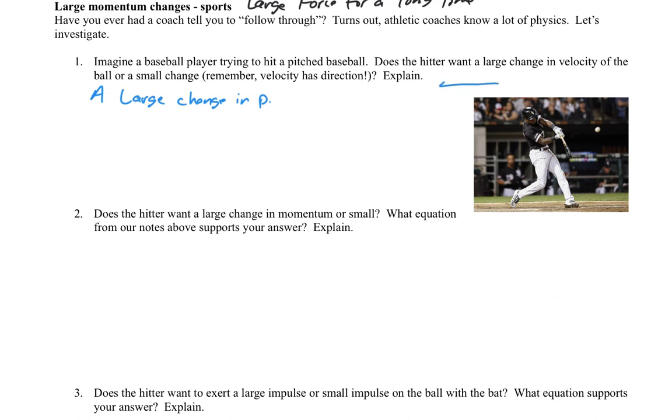So if the ball is coming in and we have an initial velocity of 100 miles per hour, we'd have to call the final velocity negative 100 miles per hour. I know it goes against our convention of left to right. That means our change in velocity is equal to negative 100 minus 100 miles per hour. That's negative 200 miles per hour, okay? So we want to completely reverse direction.